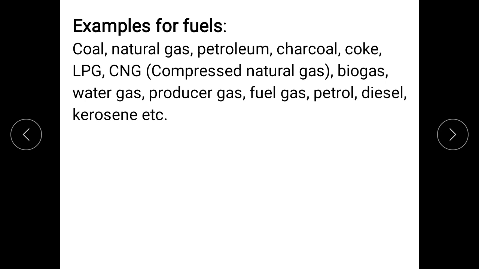LPG is liquefied petroleum gas, the one which we use in our houses for cooking purposes, and butane is the major component present. In compressed natural gas, the major component is methane. Biogas is there, water gas, carbon monoxide and hydrogen, producer gas, carbon monoxide and nitrogen, fuel gas, petrol, diesel, kerosene, etc.